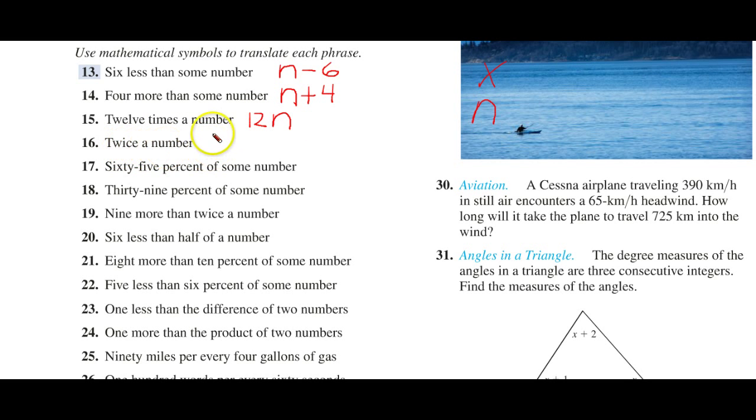Twice a number. 65% of some number. Well, there's the number, and we convert percent into a decimal. 39% of some number.